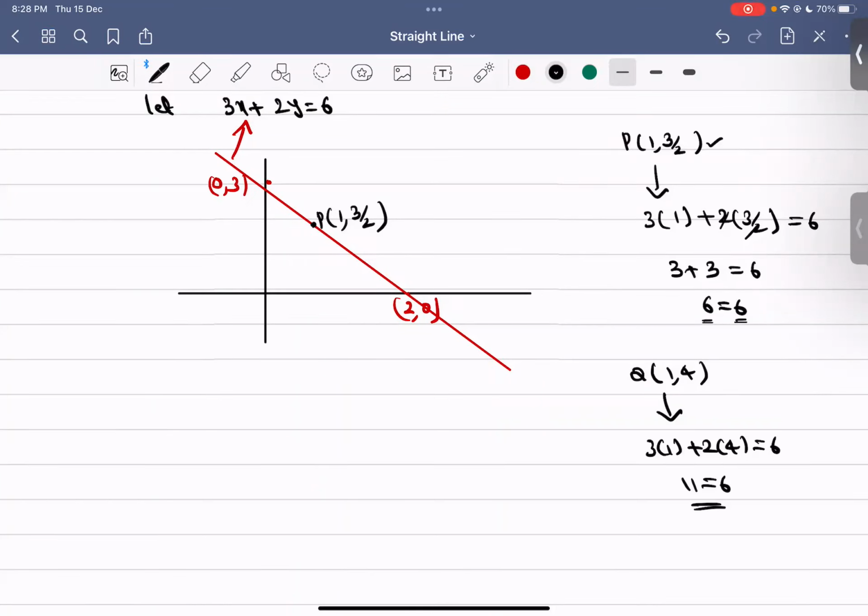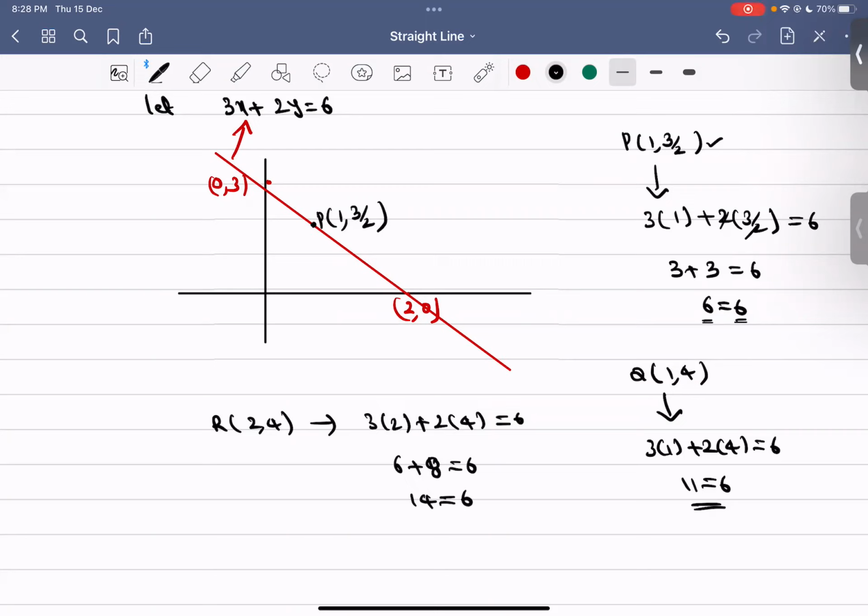Yes or no? So next, you take another point, suppose r, 2 comma 4. You substitute, then what do you get? 3 into 2 plus 2 into 4 is equal to 6. Therefore 6 plus 8 is equal to 6. Therefore 14 is equal to 6.